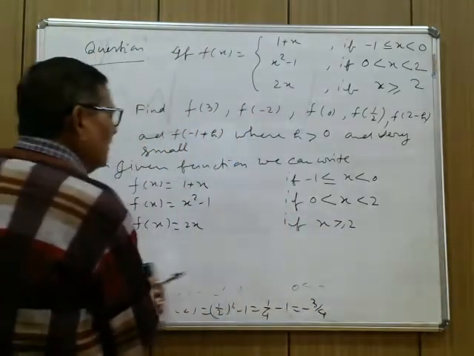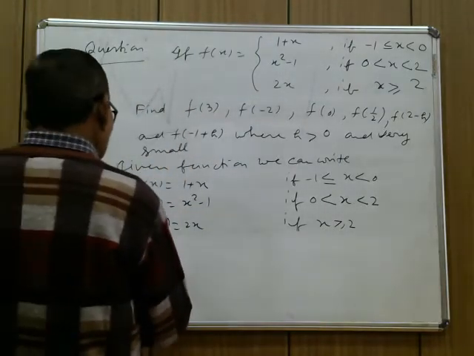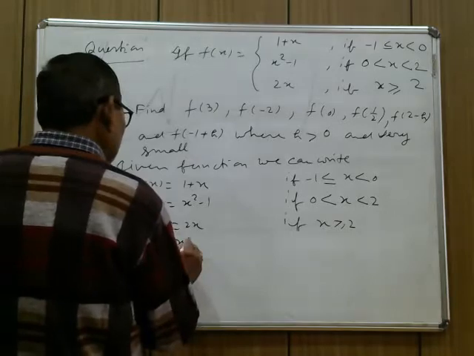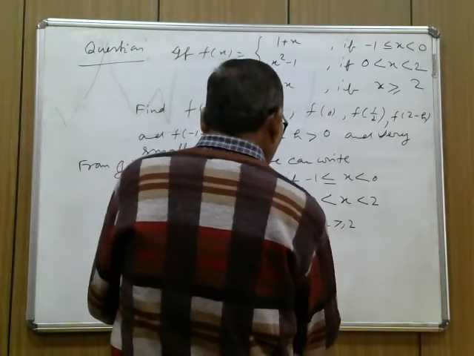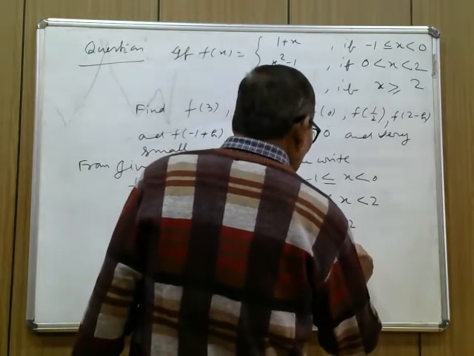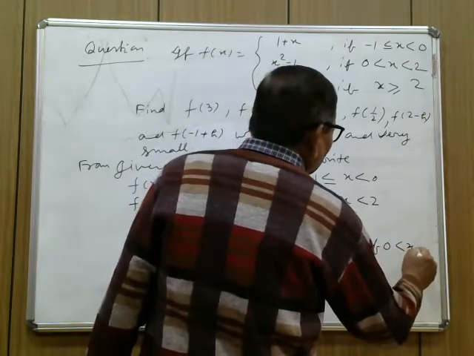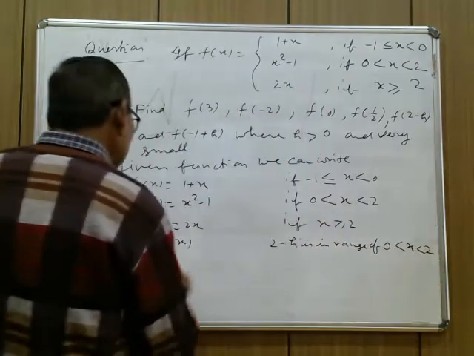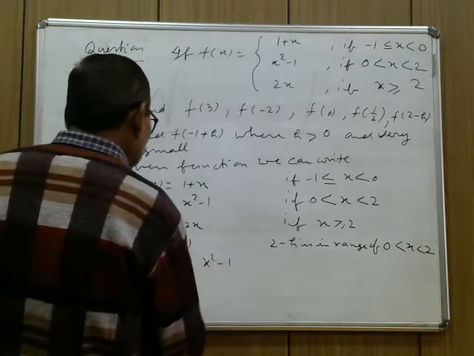Now next, calculate f of 2 minus h. Now 2 minus h is in the range of 0 is less than x is less than 2, and in this case your function is x square minus 1.